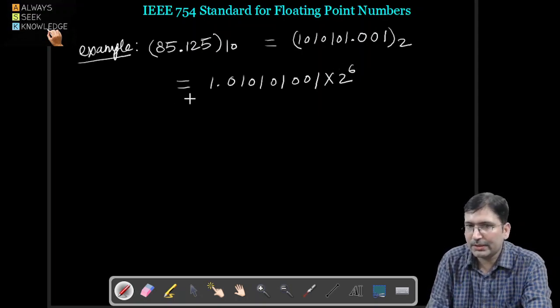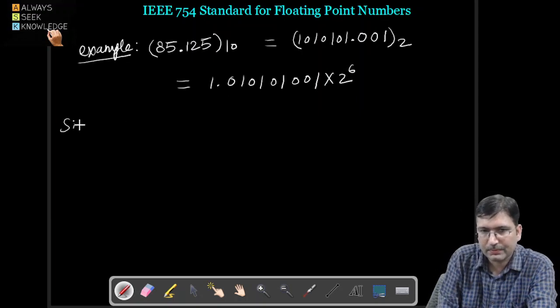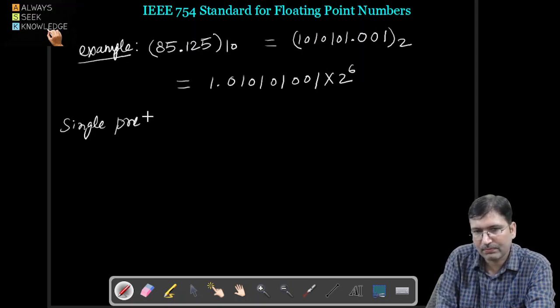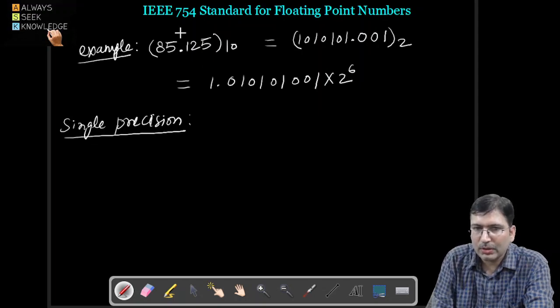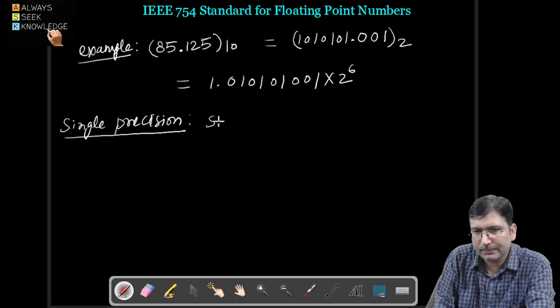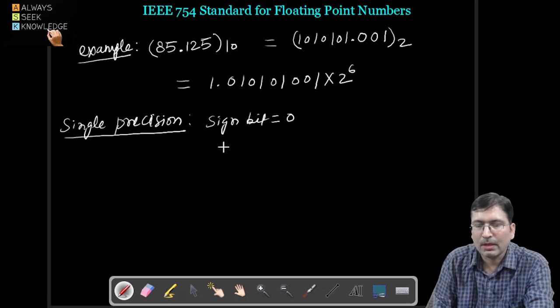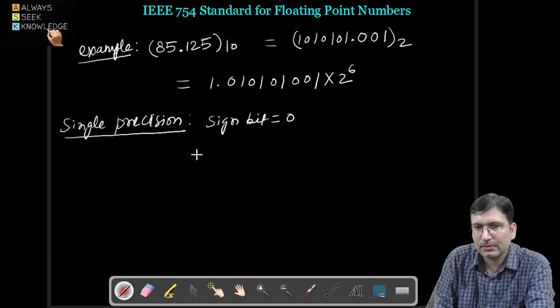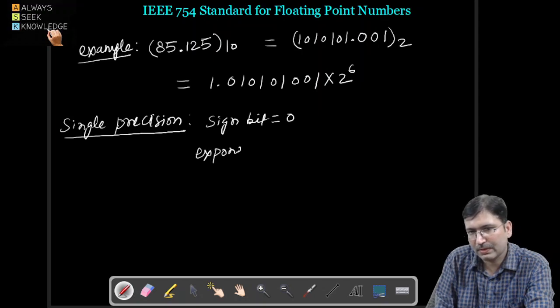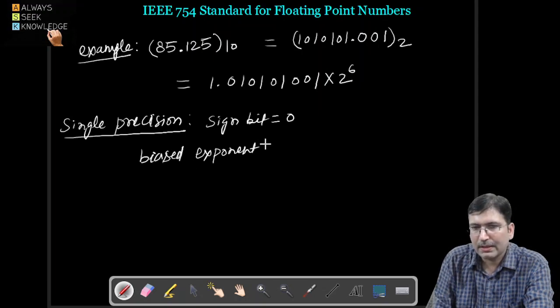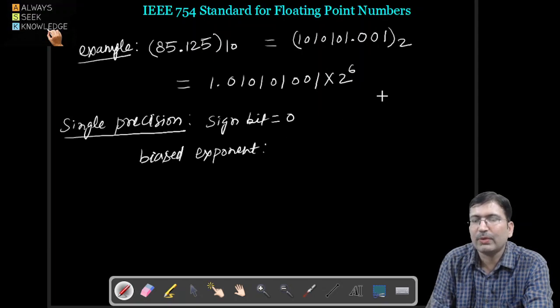In case you are storing this number in single precision, because this number is positive, the sign bit will be 0, and the remaining 8 bits are for the exponent. The exponent is a biased exponent, and in single precision the value of bias is 127.